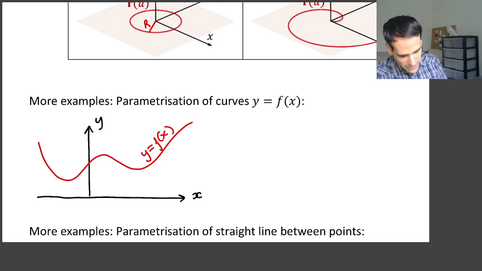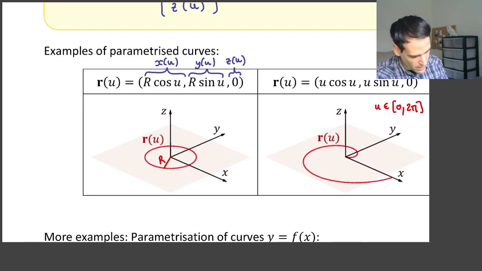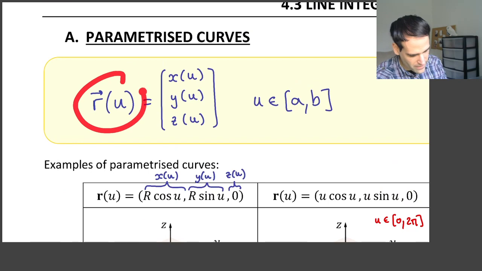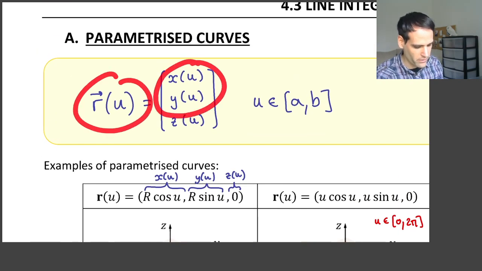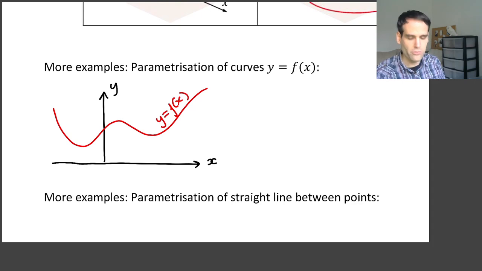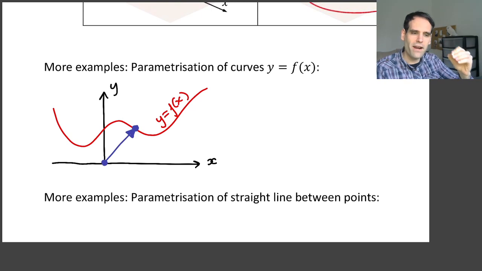To parameterize this curve, you need to find a vector r which depends on some parameter, and this vector r will have an x and a y component. Here I'm assuming that we are in 2 dimensions only. So we need to find a vector r which points from the origin to a point on the curve, and that when we increase the parameter, we are moving through this curve.